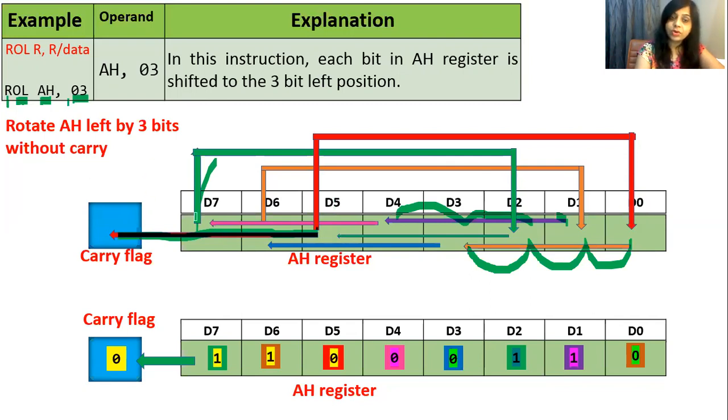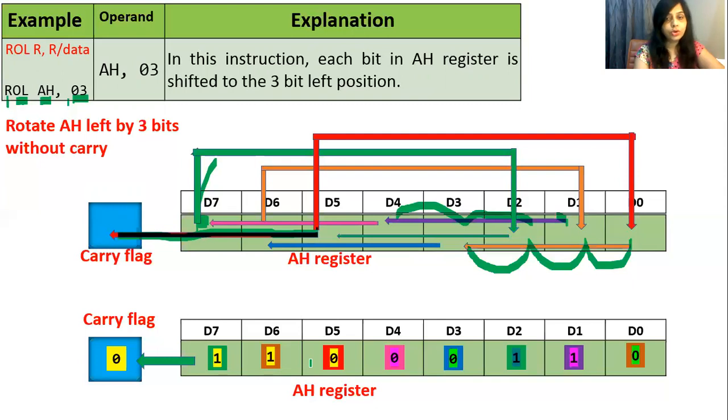Because prior to the third rotate it was in D7, and when some bit is there and we execute rotate instruction ROL, that bit will enter into carry flag as well as the same bit will enter in D0 bit position. So again I am showing you, let's assume that these are the contents of AH register. After rotating it 3 times, D5 will enter in the carry flag and the same D5 will also enter in D0 bit position.